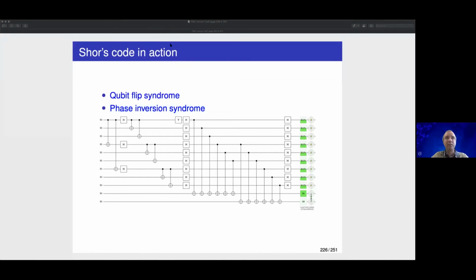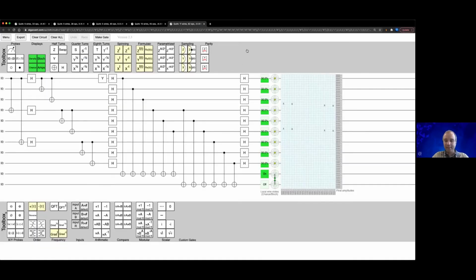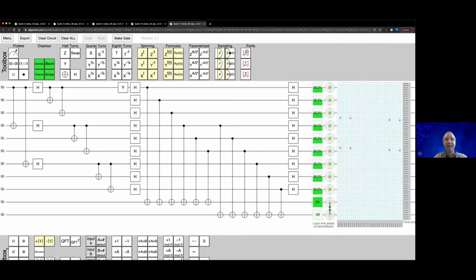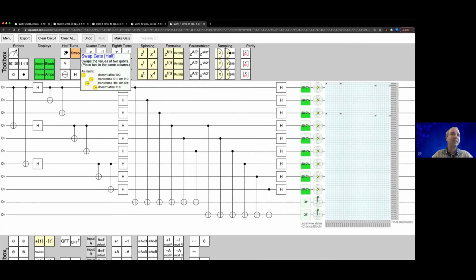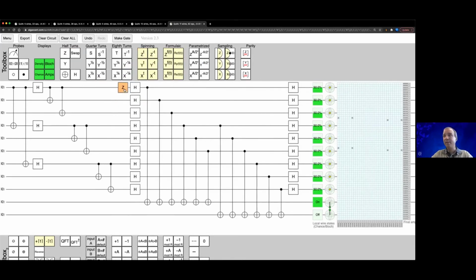And I need to change my browser again. Okay, so this is the circuit for measuring the phase inversion syndrome. And notice, I'm going to start with the Z error. Notice that here again, in this case, I have 3 qubits.